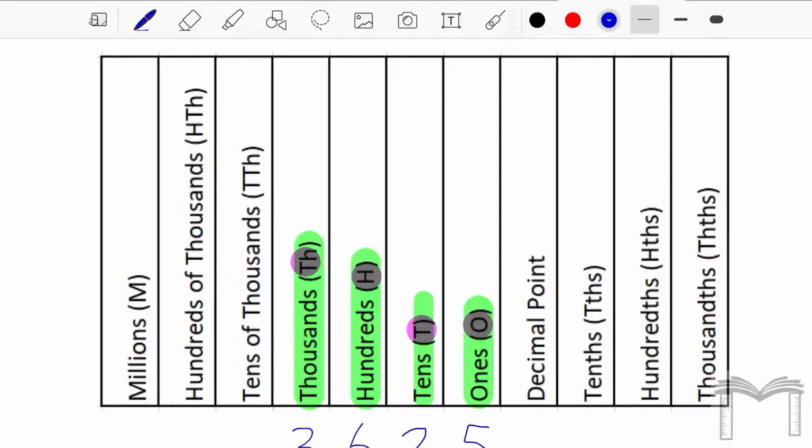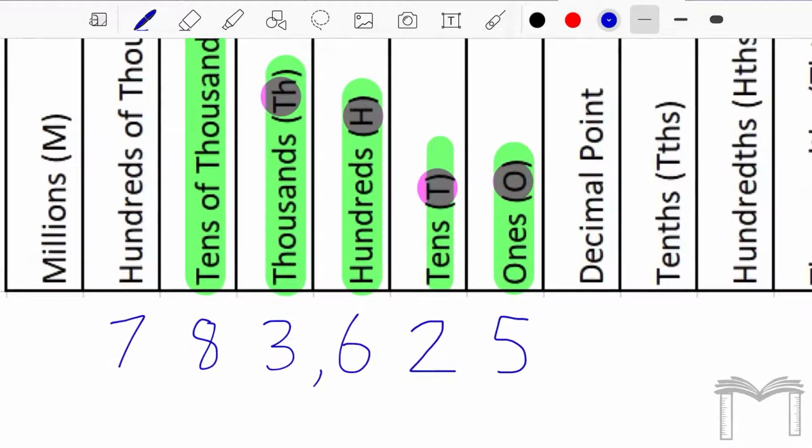Again, if we add another number to the left, the number now becomes 83,625. So this digit, the 8, is in the tens of thousands column. If we add another number to the left, the number now becomes 783,625.